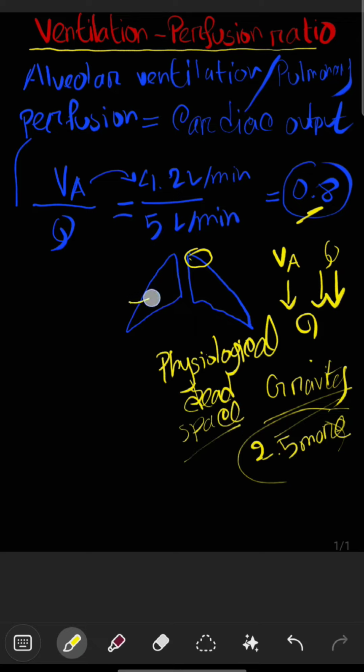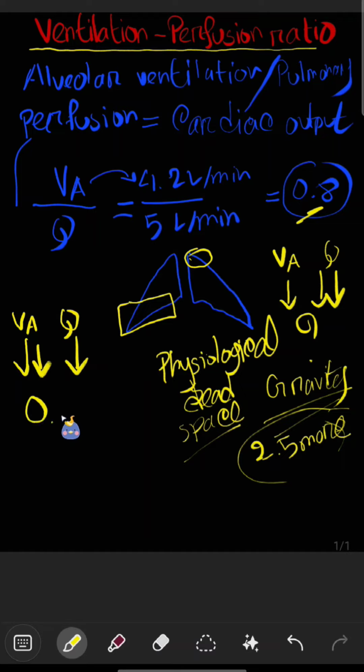On the other hand, at the base, the alveolar ventilation and pulmonary perfusion, what occurs here? Alveolar ventilation decreases more in here than pulmonary perfusion because it is closer to the earth. That's why the pulmonary perfusion decreases less here.